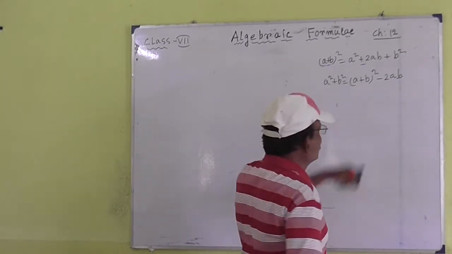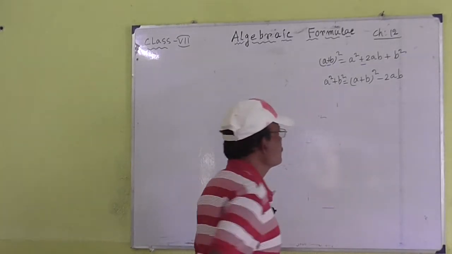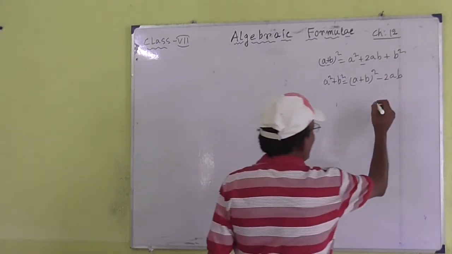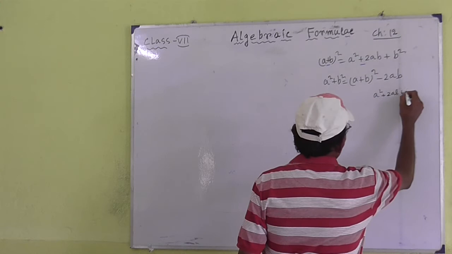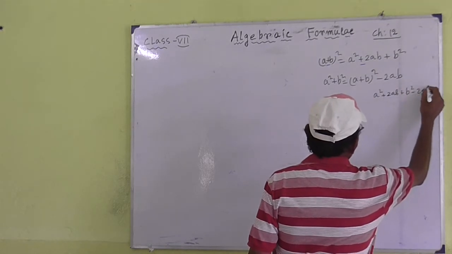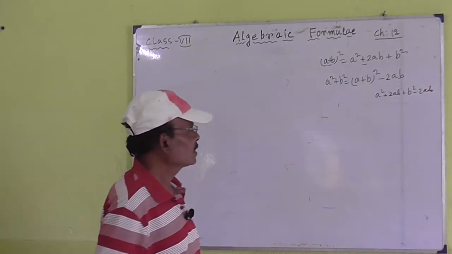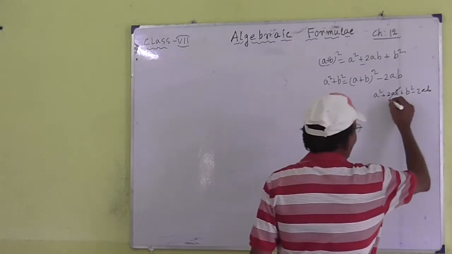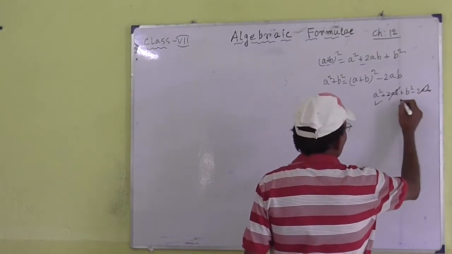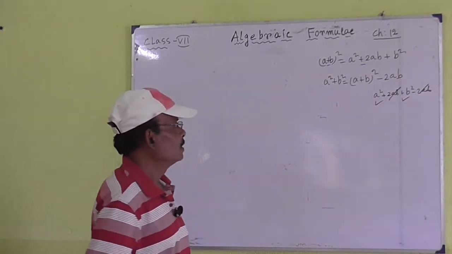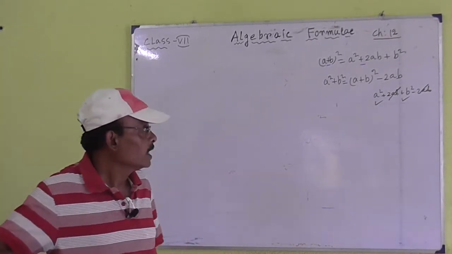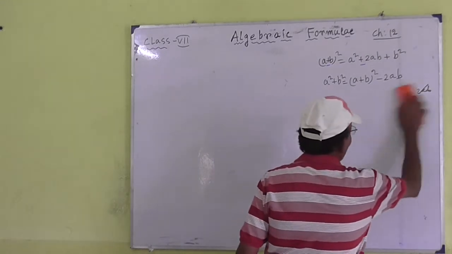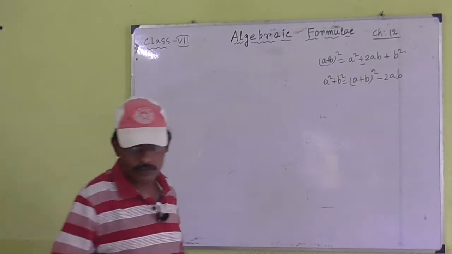But how? If we expand this, a square plus 2ab plus b square minus 2ab, cancel 2ab and 2ab, a square plus b square. So, a plus b whole square minus 2ab, this is another formula.